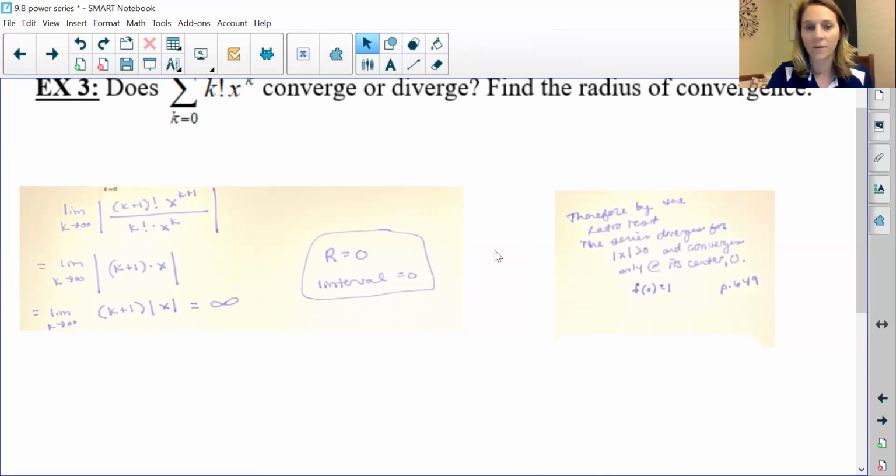And so the radius is 0 and the interval is also just that one point, because we were in that scenario where it was just at the center, so we can see that it's centered at 0.